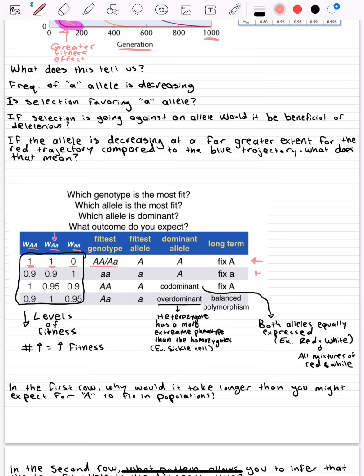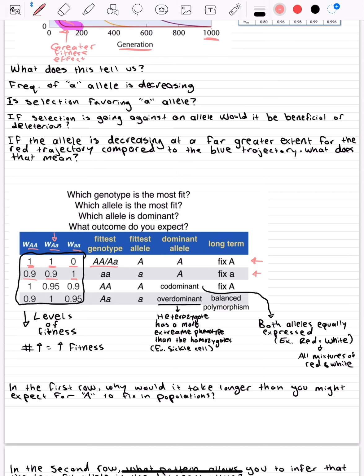For row 2, we see that the most fit genotype would be the homozygous recessive, which has the highest fitness. Any genotype containing a big A allele has lower fitness than the homozygous recessive, meaning that the big A allele is decreasing the fitness of the individual.